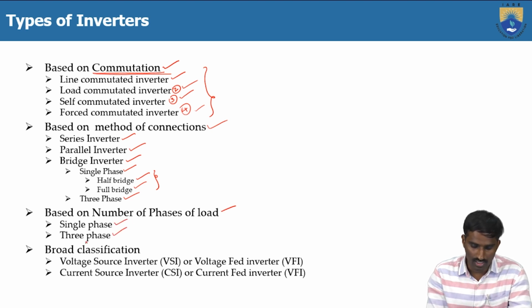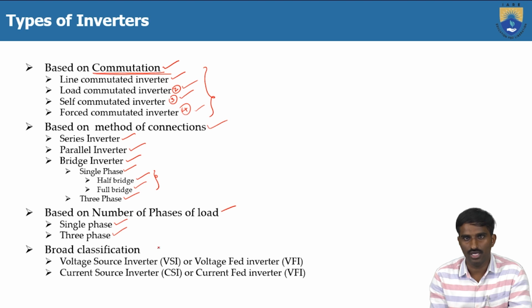Another broad classification is based on the input source, whether you are using a voltage or a current source. If we use a voltage source, it is called a voltage source inverter or voltage fed inverter, the common word being VSI. And if we use a current source, we call it a current source inverter.